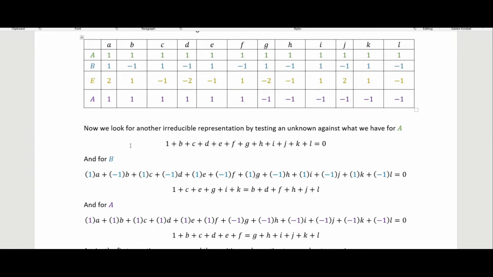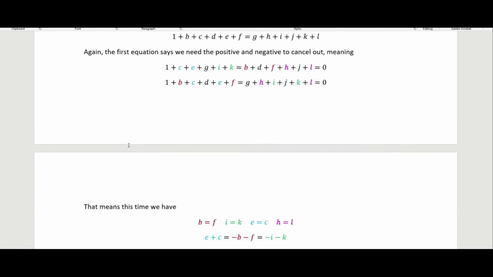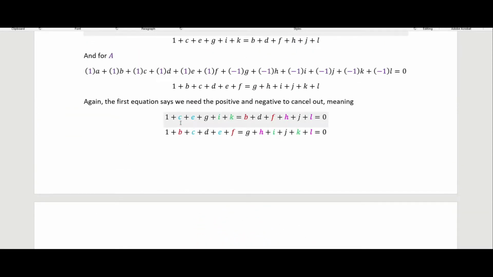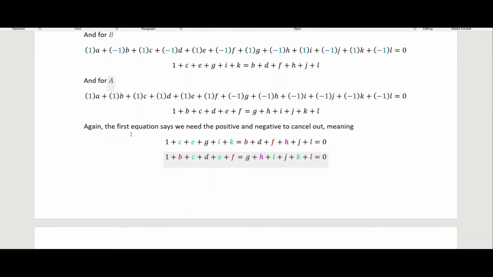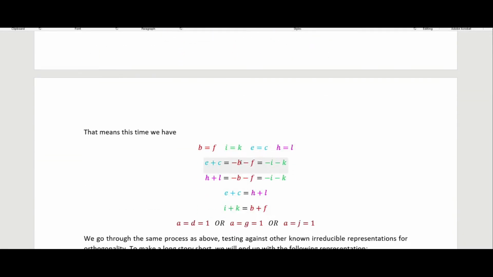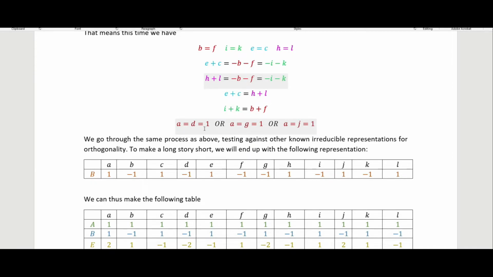So we can look for another one, and we go through the same thing as above. So we look at the orthogonality relationships with our new B here and with our purple A here, and we get these conditions right here. We get another thing here with A equals D equals 1, or A equals G equals 1, or A equals J equals 1.